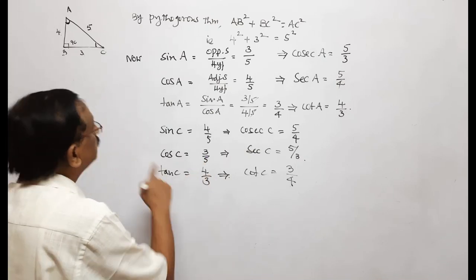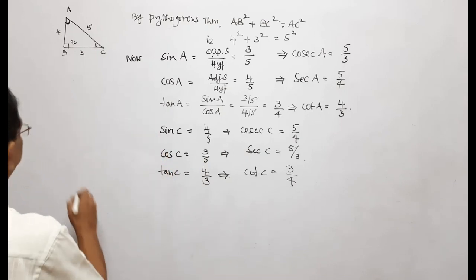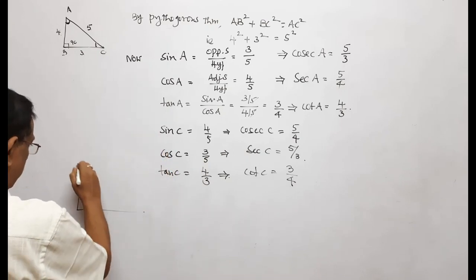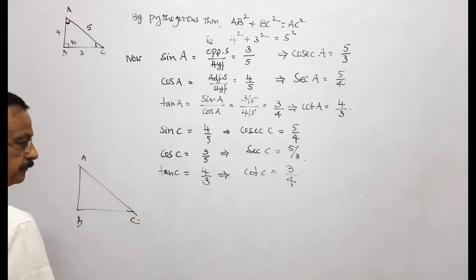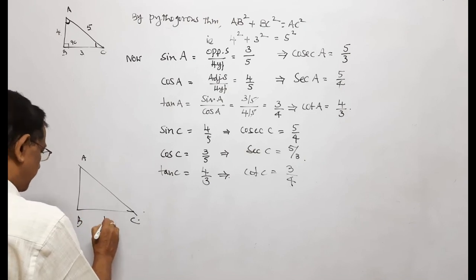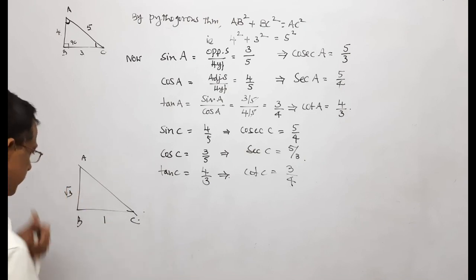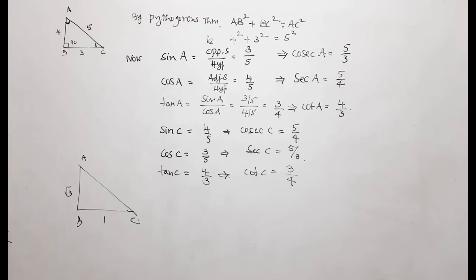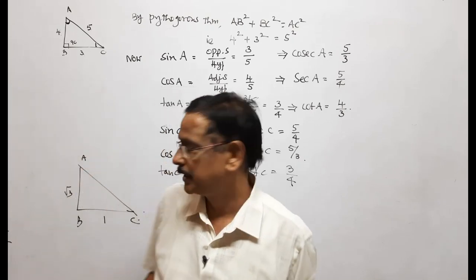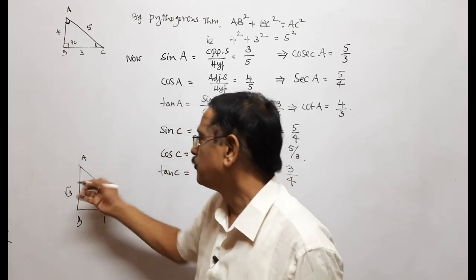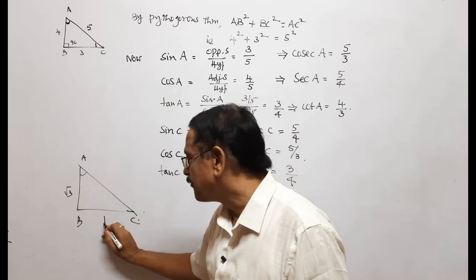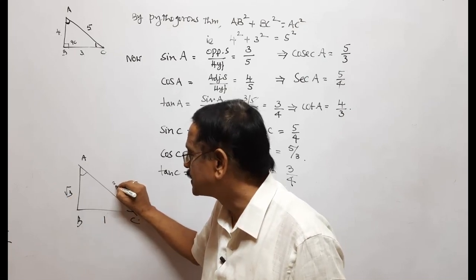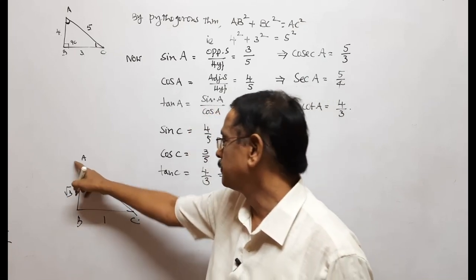Now we have this, and we will have a small exercise. A, B, C are given. This is 1 and this is root 3. Let us evaluate all the 6 trigonometric ratios in this example. Before evaluating, I have to find out this side. That means I have to find AC.